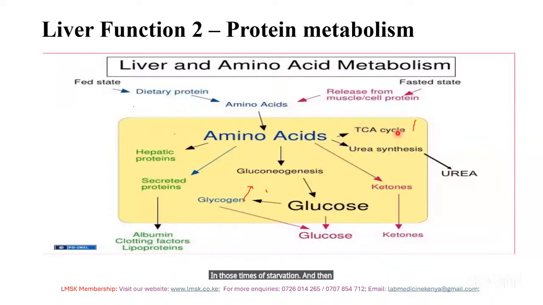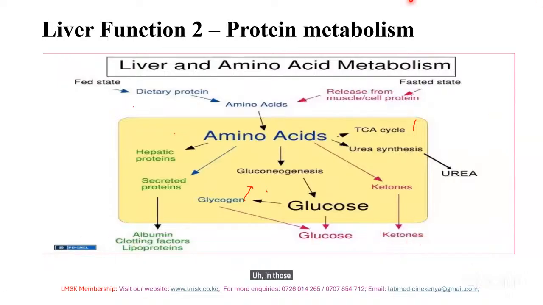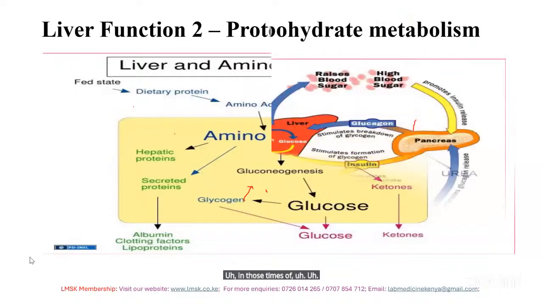And then TCA to give us energy. Then the urea cycle, and then to give us urea. This is our waste product. And then they can also be converted to ketones and give us the ketone bodies in those times of inadequate respiration.